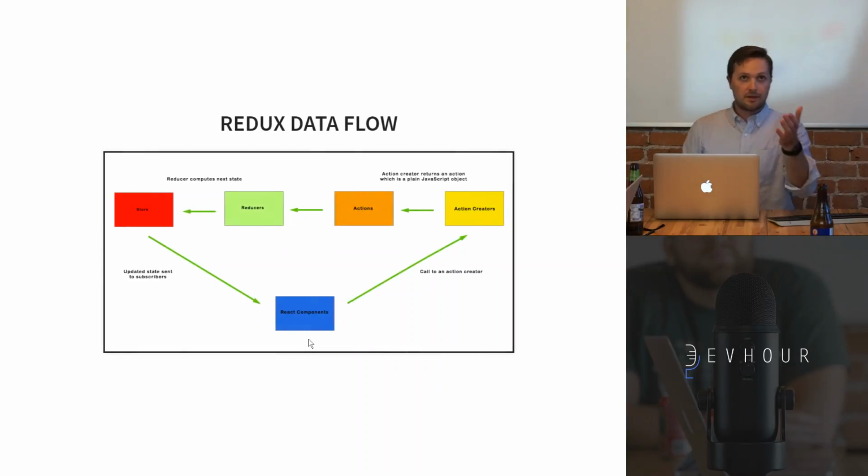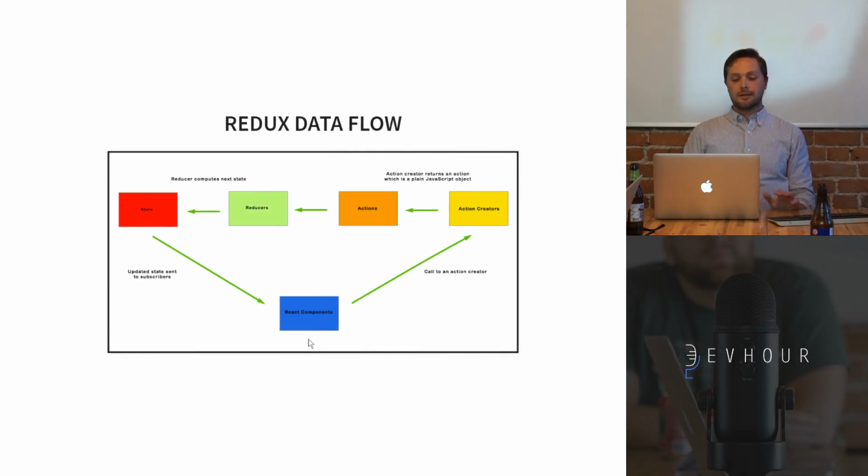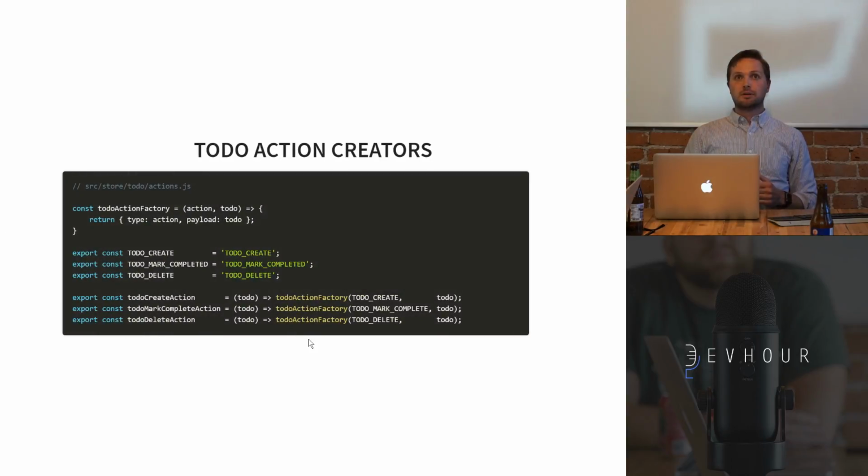So we were just talking about action creators here that are responsible for emitting an action that gets picked up by a reducer. And this is kind of a lot to look at, but we'll digest it. These are going to be our to-do action creators. We've decided that we want to be able to create a to-do, we want to be able to mark one completed, and we want to be able to delete one.